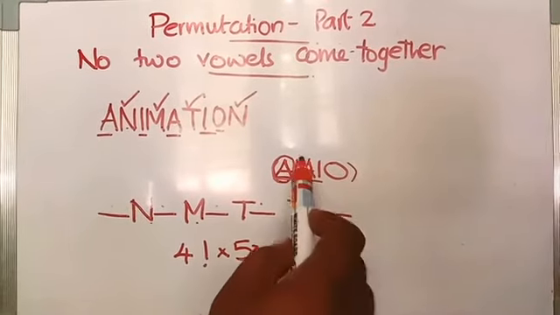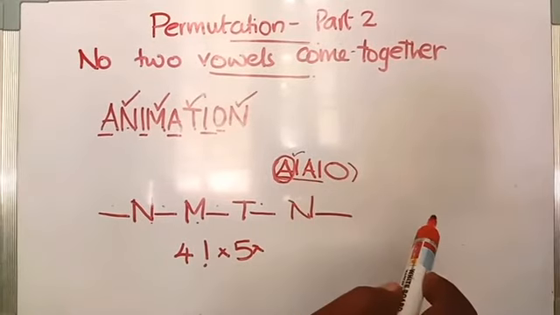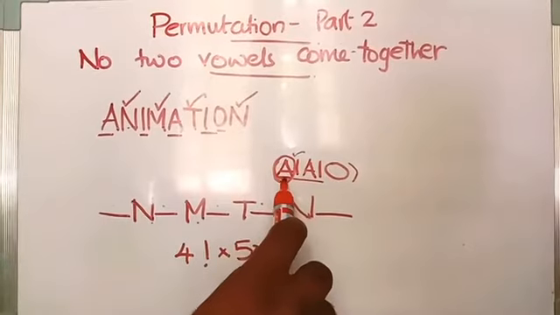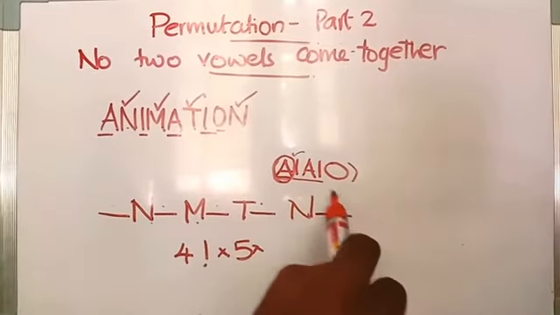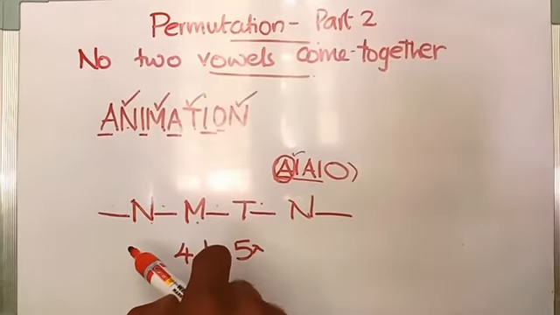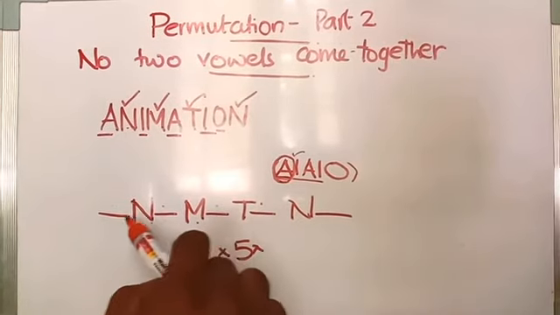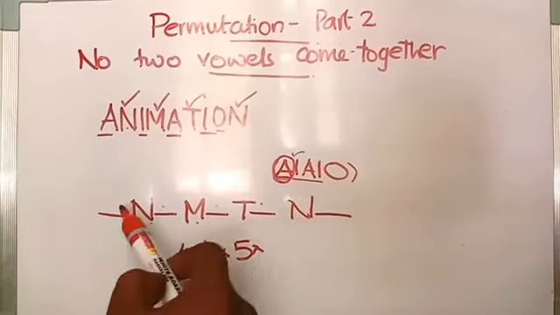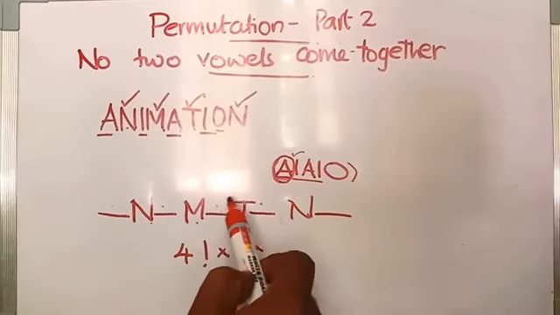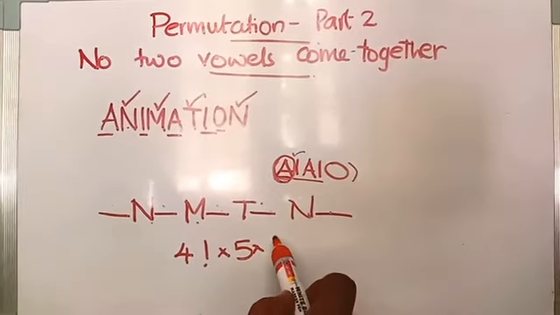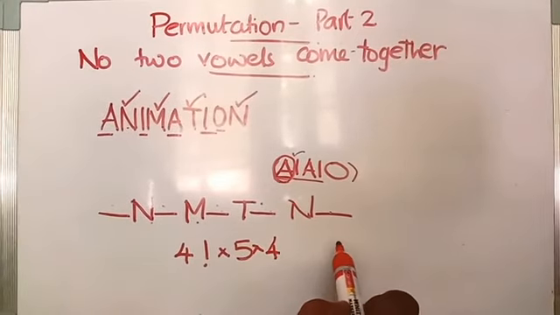When we go to the next vowel, its chances are restricted to 4, because the first one is already arranged somewhere. It is occupied in one place, any one place. We do not know which place that is. So I has only 4 chances.